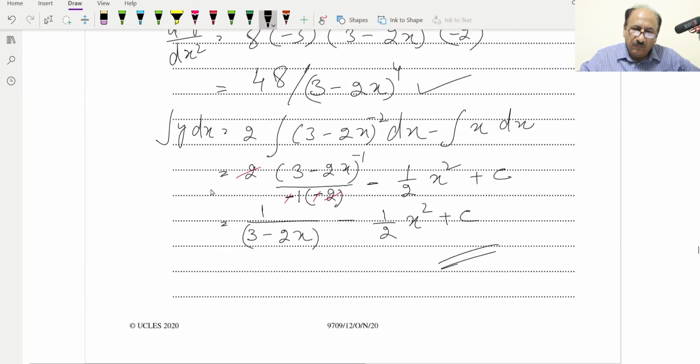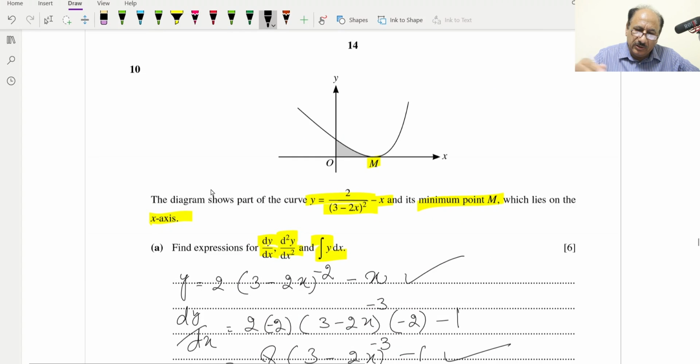This is the y-intercept over here. If we replace x is equal to 0, and the upper limit is 1 by 2.